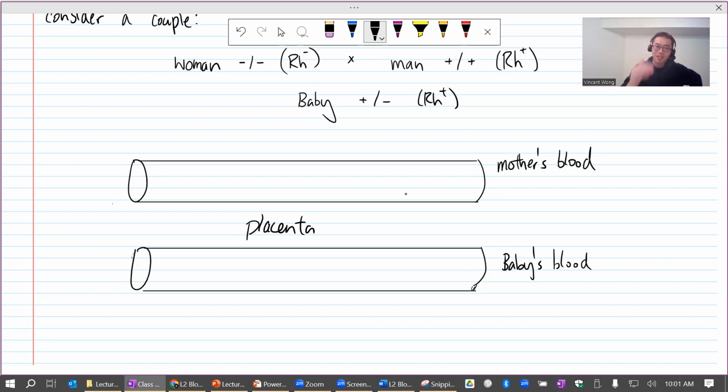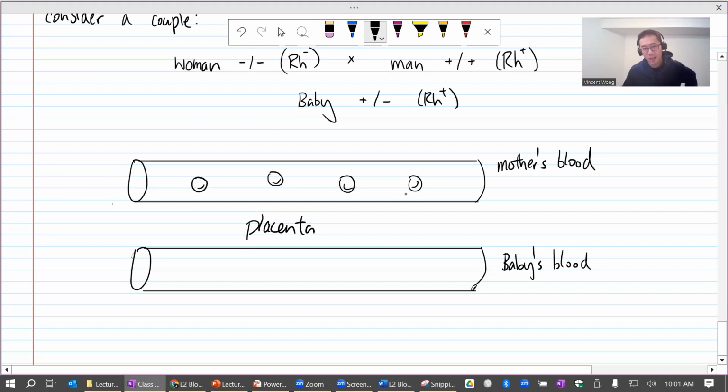So the placenta separates the mother's blood and the baby's blood. Now, in this case, the mother is Rh negative, so I'm going to draw her blood cells. We are only focusing on the Rh here; we're not looking at the ABs. So there's no Rh on the mother's blood.